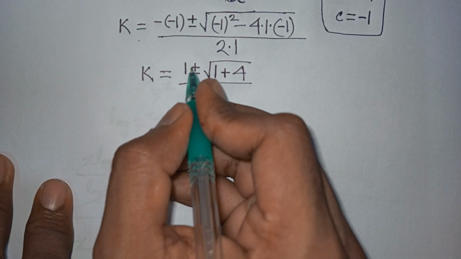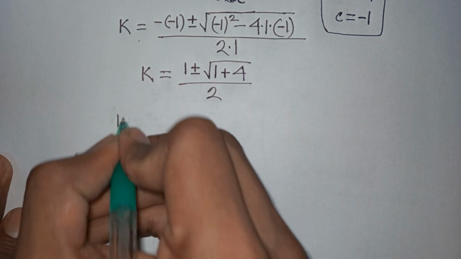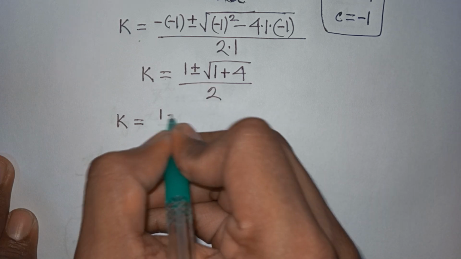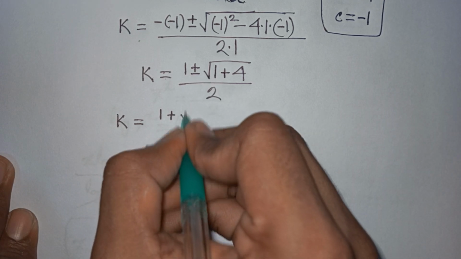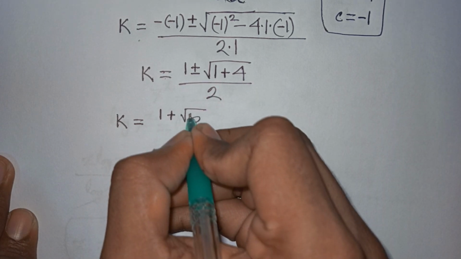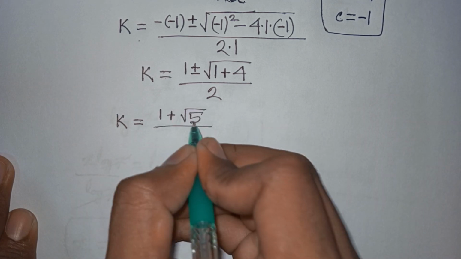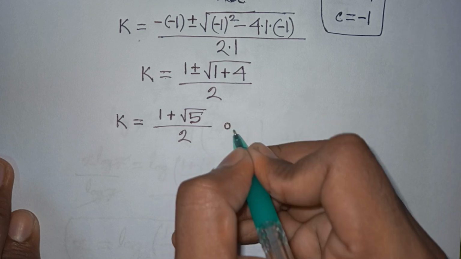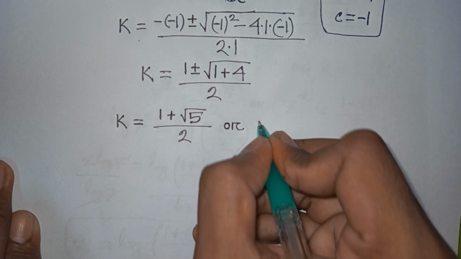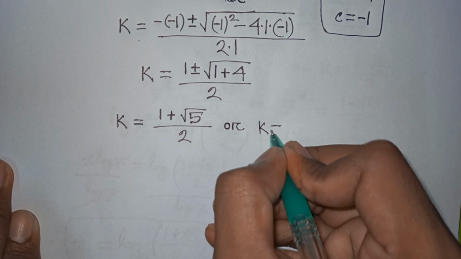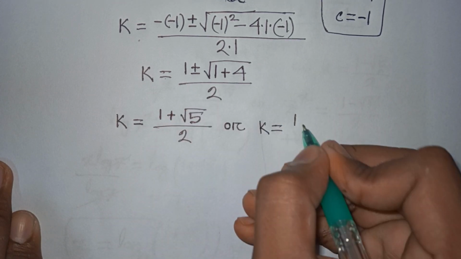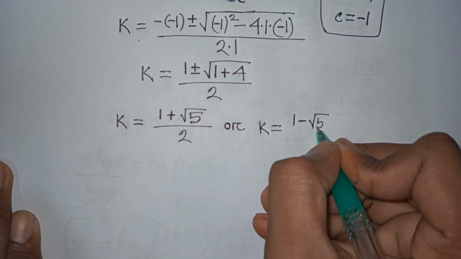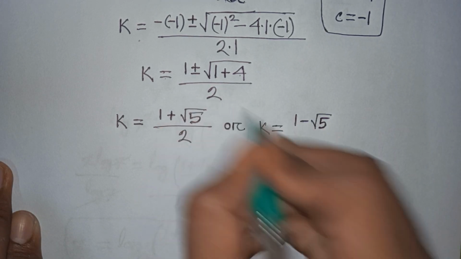Now we see here two cases, so I can write here k is equal to 1 plus a square root of 1 plus 4, that means 5, divided by 2, or k is equal to 1 minus a square root of 1 plus 4, that means 5, divided by 2.